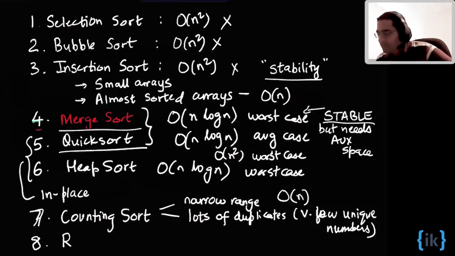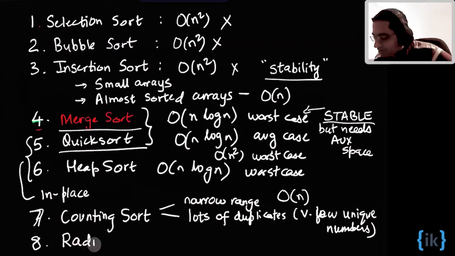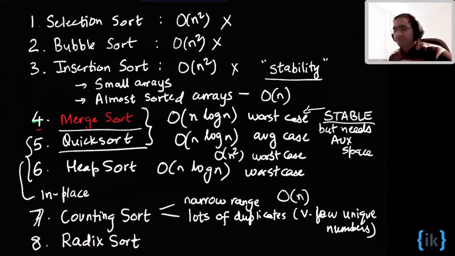The final algorithm that I did was Radix sort, which is basically an extension of counting sort in scenarios where the range is not so narrow.